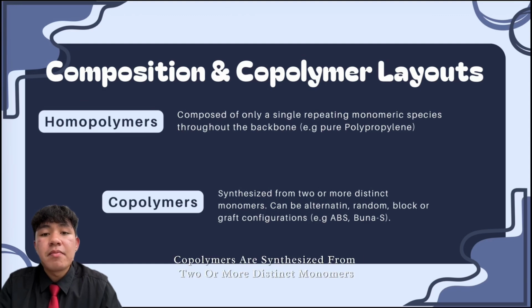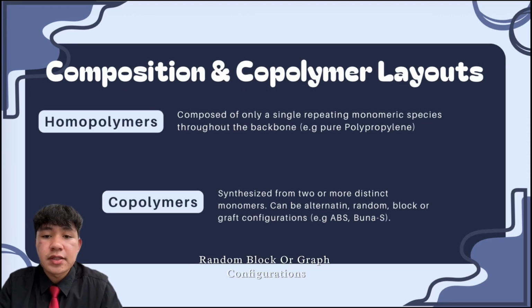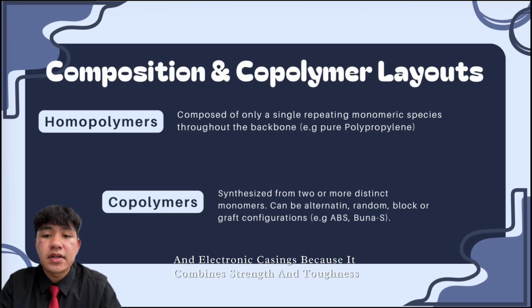Meanwhile, copolymers are synthesized from two or more distinct monomers and can exist in alternating, random, block, or graft configurations. Examples include ABS and Buna-S. ABS is commonly used in helmets, automotive parts, and electronic casings because it combines strength and toughness.